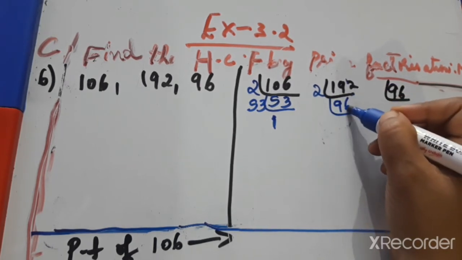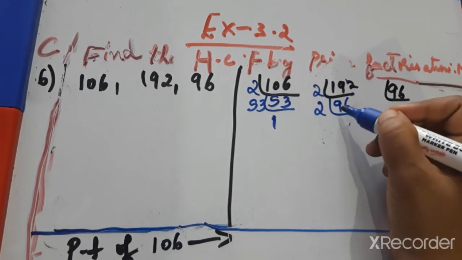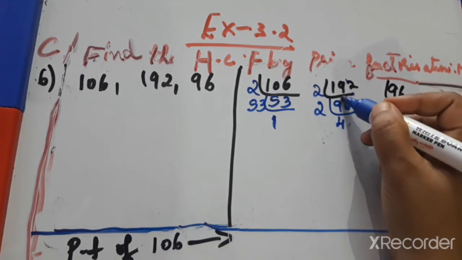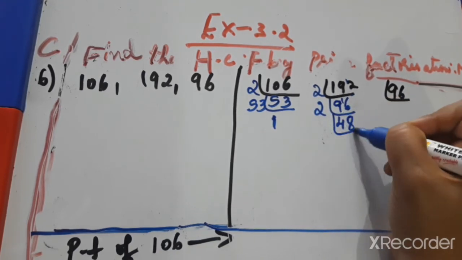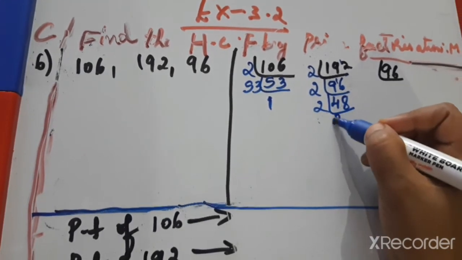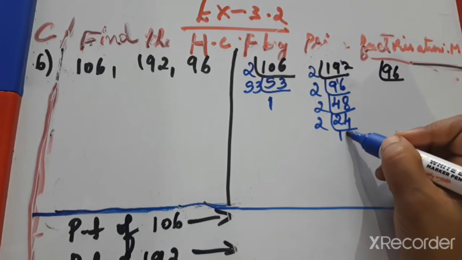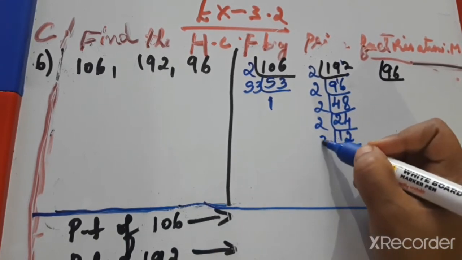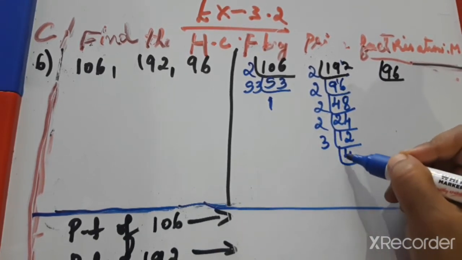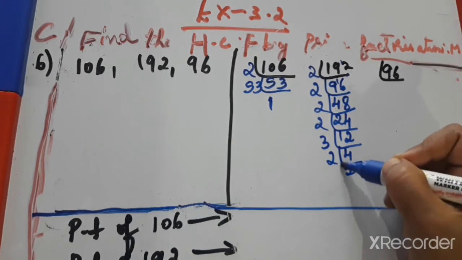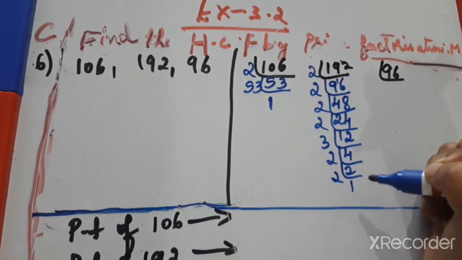Then the last number 6 means multiply with 2: 2 fours are 8, 1 carry, 2 eights are 16. Again 2 twos are 4, 2 fours are 8. Again 2 ones are 2, 2 twos are 4. Again 3 fours are 12, and 2 twos are 4, 2 ones are 2.